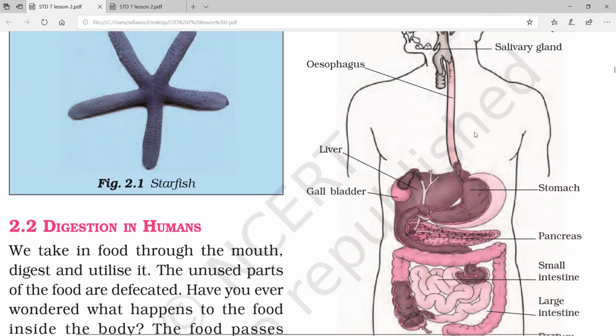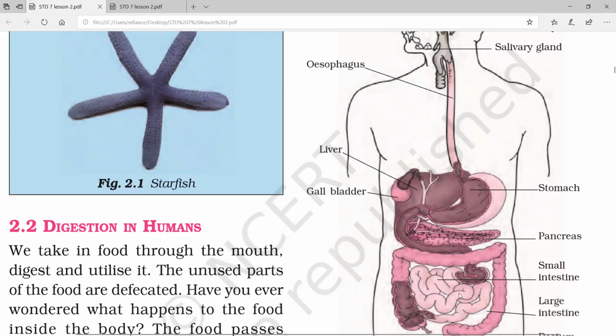In the figure you will see here the digestive system, in which we studied about the stomach, which is a J shape sac like structure. You will see here this is the stomach. Then this pipe is getting attached to this coiled part of the intestine, that is the intestine present inside the outer side intestine, that is called small intestine.